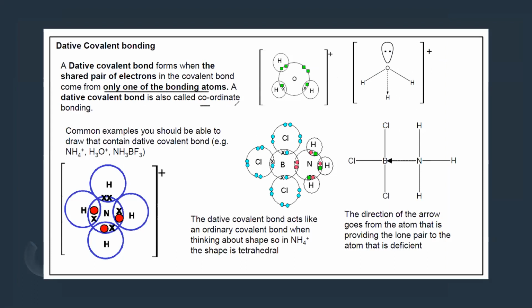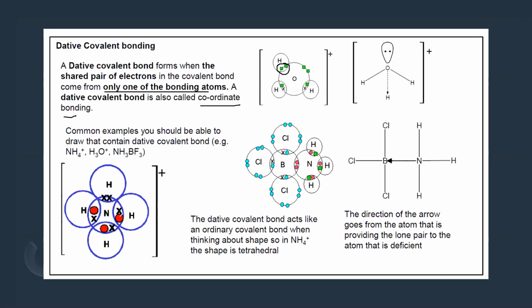The dative covalent bond is also called a coordinate bond, or simply a dative bond. In the hydroxonium ion, H3O+, oxygen and hydrogen are stable, but there is a proton. That proton is attracted towards one of the lone pairs of oxygen, which results in the formation of H3O+.